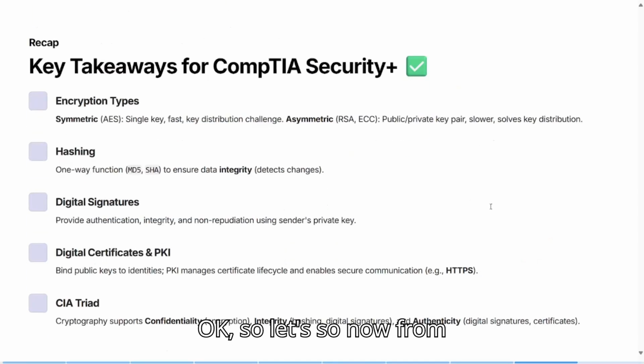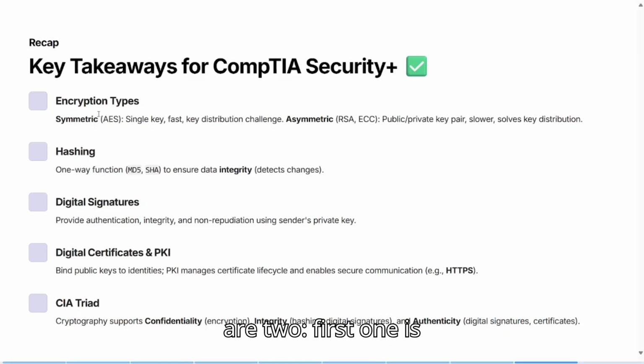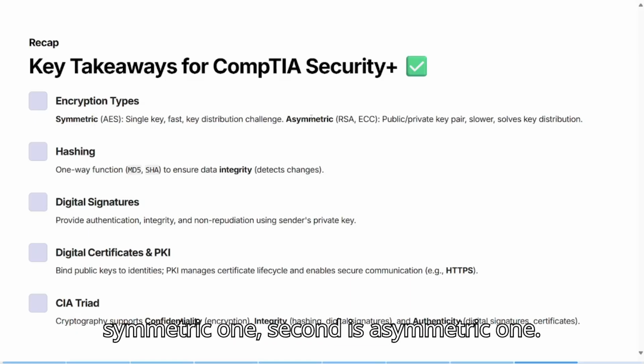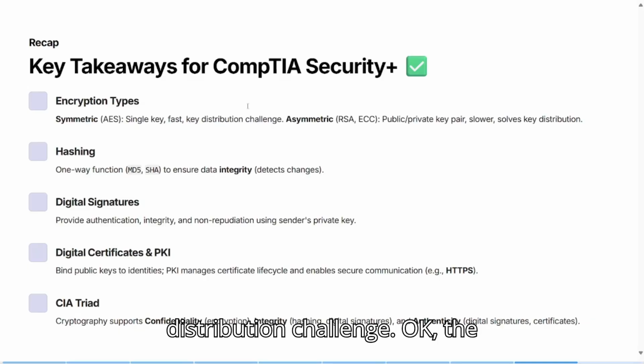Okay, so from this whole small lecture, the key takeaways are simple. Encryption types are two: symmetric and asymmetric. Symmetric uses a single key, is fast, and has a key distribution challenge.